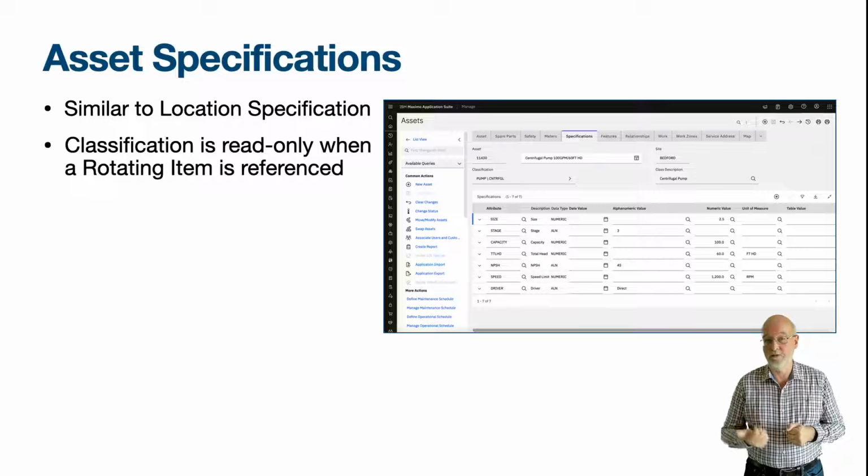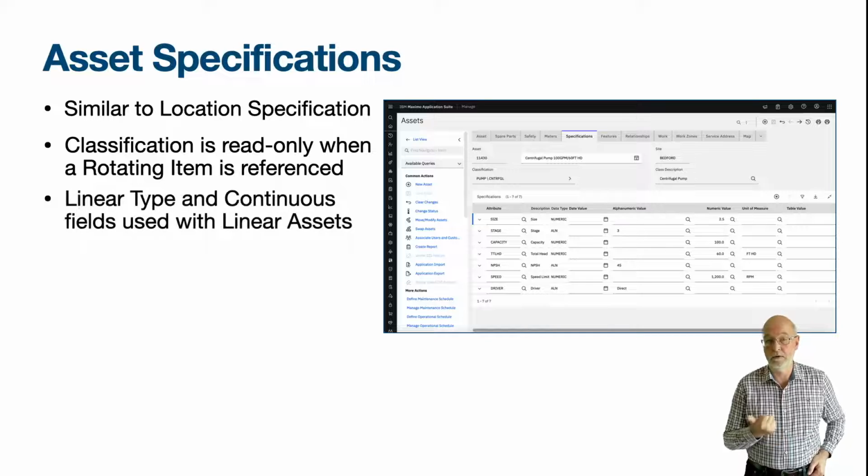There are 3 differences between a location specification and an asset specification. You'll find in the details area there are 2 fields for an asset specification record, linear type and continuous. Both are used only with linear assets.